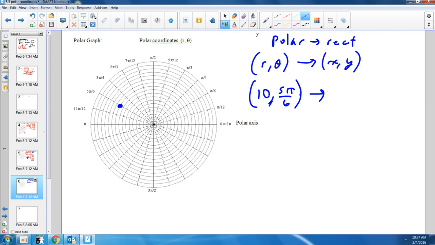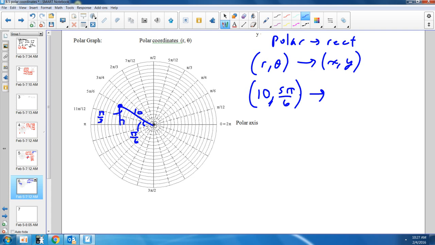So this is what I'm looking at. That is 10 right here. This is going to be my reference angle, or pi over 6. If I look at that triangle, because 5 pi over 6 gives you pi over 6 left to pi. And then this is my pi over 3.